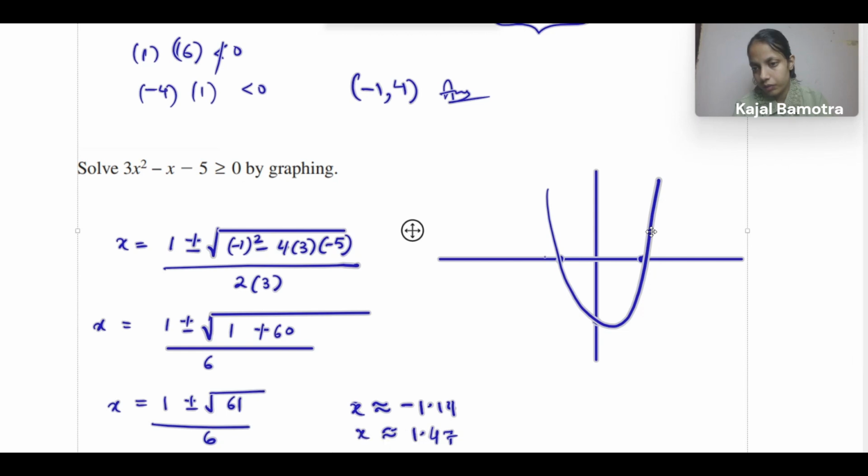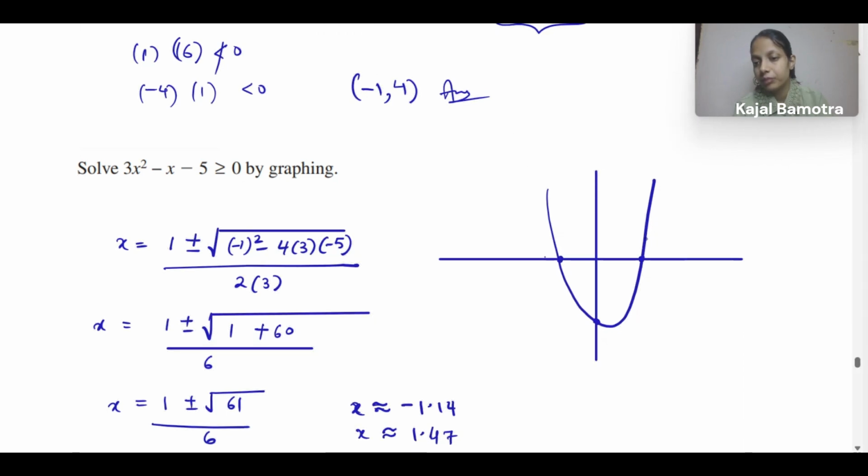Let's try to fix it. Okay, so this is done. Now we have to check when it is greater than or equal to 0. Look at the graph. When your graph is greater than or equal to 0, this part gives you greater than 0, this value is greater than 0, because these are negative values.